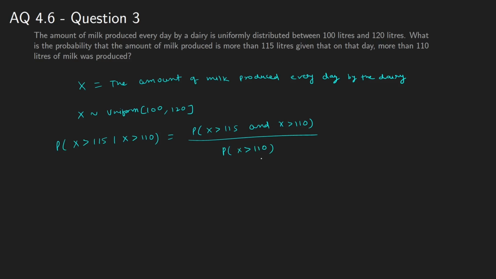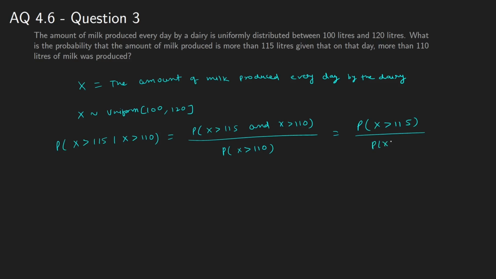x greater than 110. So talking about the joint probability, when x is greater than 115 and x is greater than 110 both, then we can directly write it as x greater than 115 because it is greater than 110 also.